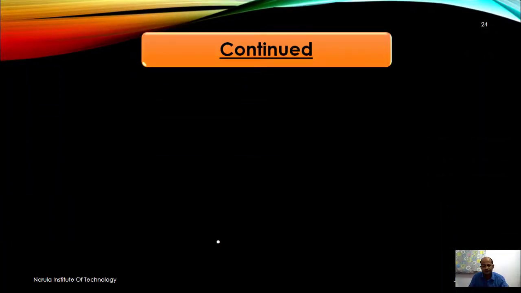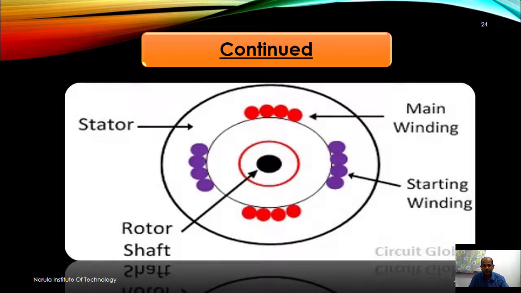Through animation we will discuss this. This is the main winding and this is the starting, that is the auxiliary, winding, at 90 degrees, that is space quadrature. Once the motor starts and attains a certain speed, the starting winding is cut off from the machine through a centrifugal force.